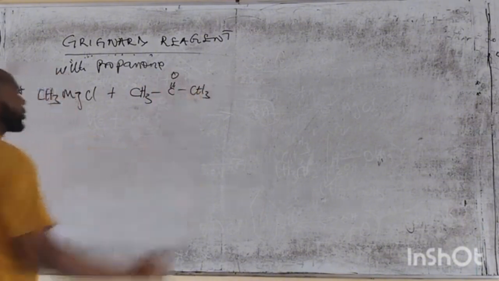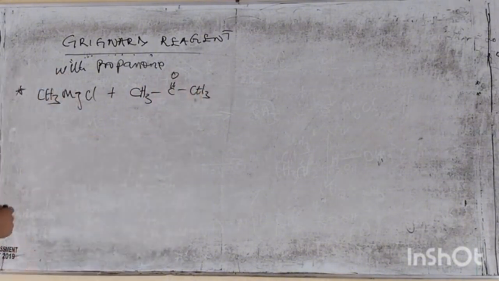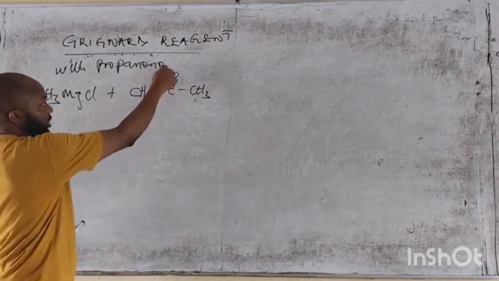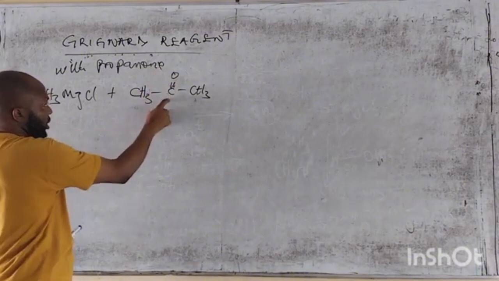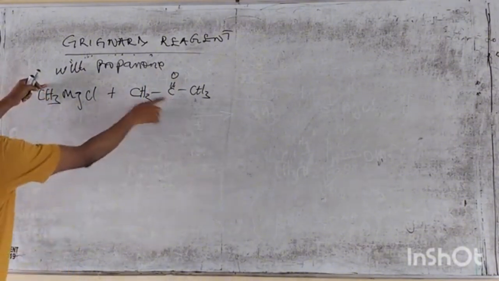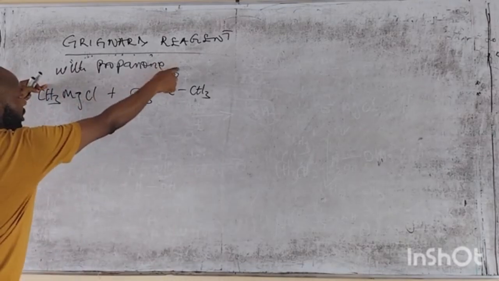This is my propanone. Now, simple explanation. This will move down here, becomes negatively charged, here becomes positive. This negative will come in here, and this positive will come to the oxygen side.